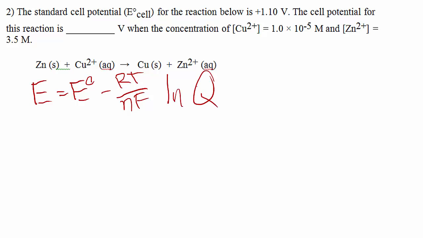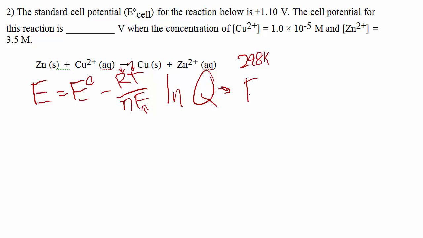Now this simplifies, if it's at 298 Kelvin, which is like room temperature, which it is most of the time. Then T is a constant, R is a constant, F is a constant.